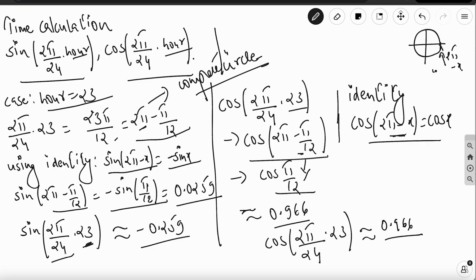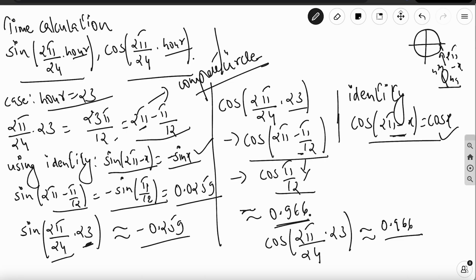In the 4th quadrant, sine is negative and cos is positive. That's why sine of 2 pi minus x is minus of sine x, and cos of 2 pi minus x is cos of x. Upon calculation, cos of pi by 12 comes as approximately 0.966.